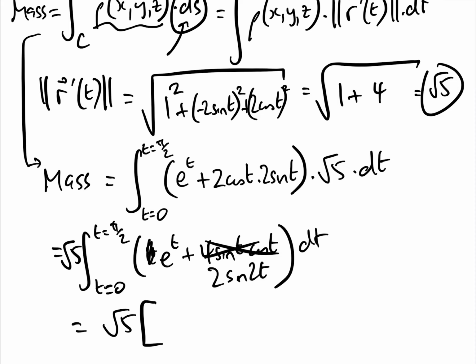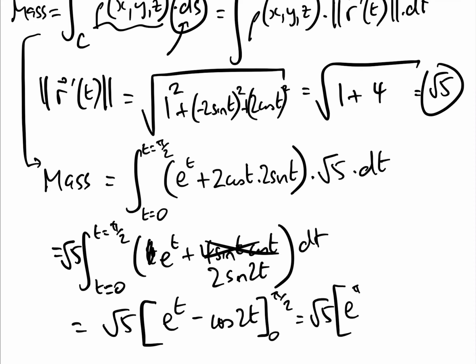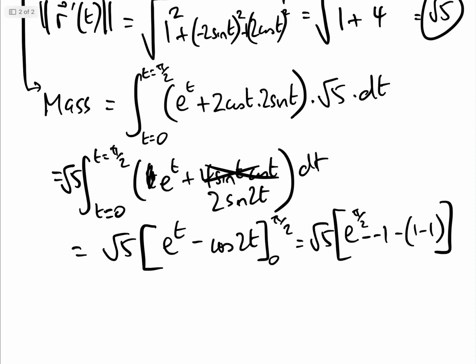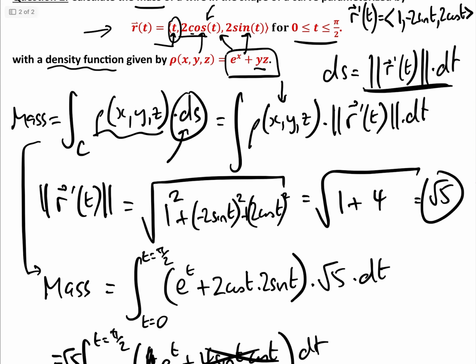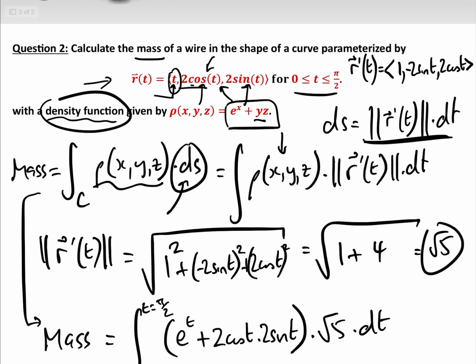Integrating that gives us root 5 times e to the t minus cos 2t between pi over 2 and 0, which is root 5 times e to the pi over 2 minus 1, minus minus 1, which equals root 5 times e to the pi over 2 add 1. And that is the mass of our wire given the density function.